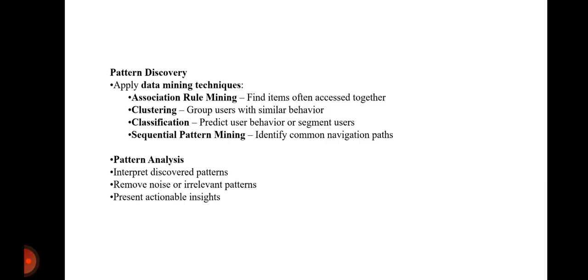Next is clustering. Clustering is an unsupervised machine learning technique for grouping similar data points into distinct sets or clusters. In machine learning, we have two types: one is supervised learning and another is unsupervised learning.